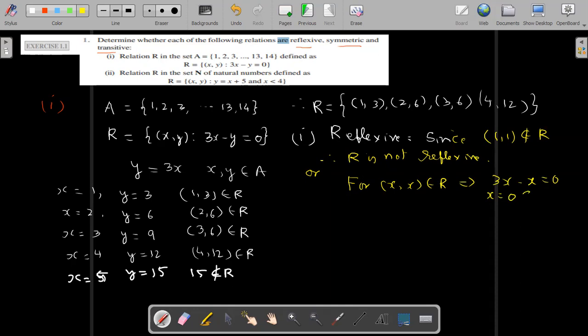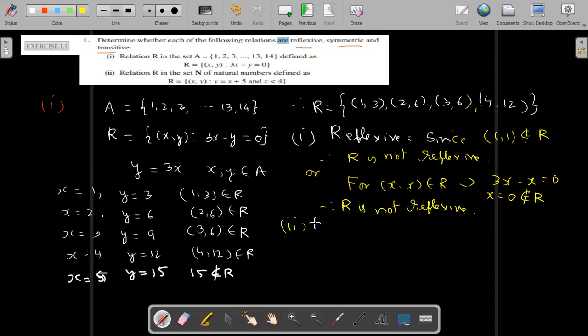And x equal to 0 does not belong to R. So that means the pairs (1, 1), (2, 2), (3, 3) will not belong to R. Therefore, R is not reflexive. We have to write the reason; sometimes you can write it directly, or sometimes you have to write the relation and then take from that. But you should analyze first. You can write the ordered pairs and then check.